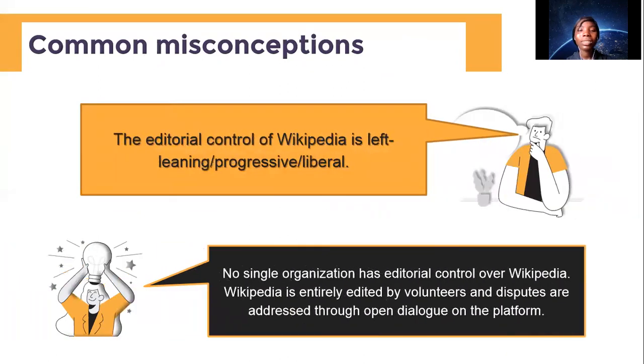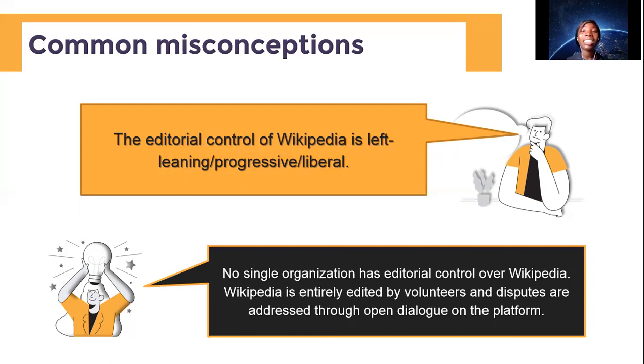Some other misconceptions include that some people feel Wikipedia is progressive and liberal, and that it's political. No, Wikipedia is not a political group or community. It's a single organization, and no other organization has editorial control over Wikipedia.